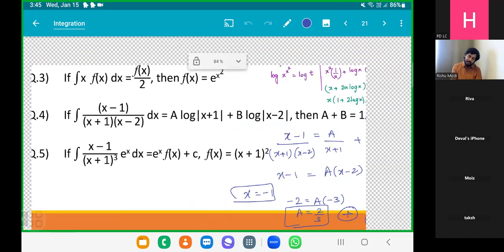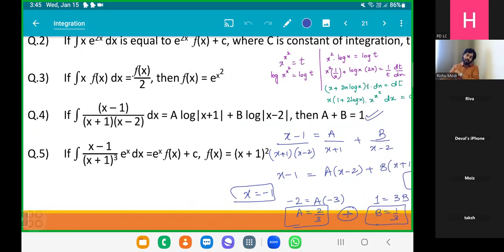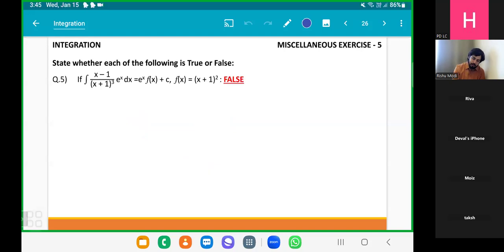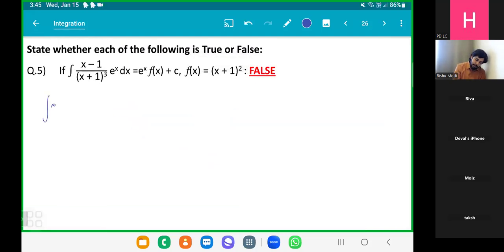X minus 1 upon x plus 1 the whole cube, e raised to x, and the function is x plus 1 the whole square, right? So this is your property sum. So let's check that. How do we solve this? First step will be e raised to x, then e the whole square minus 2 upon x plus 1 the whole cube.